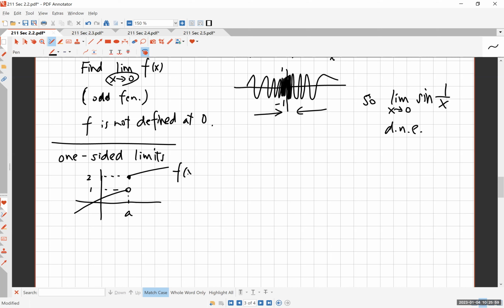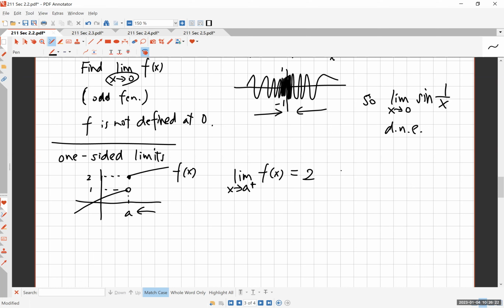Here's a function that has a big gap at a. I think you can understand that this limit as x approaches a from the positive side, denoted by this plus sign as a superscript, is equal to what?